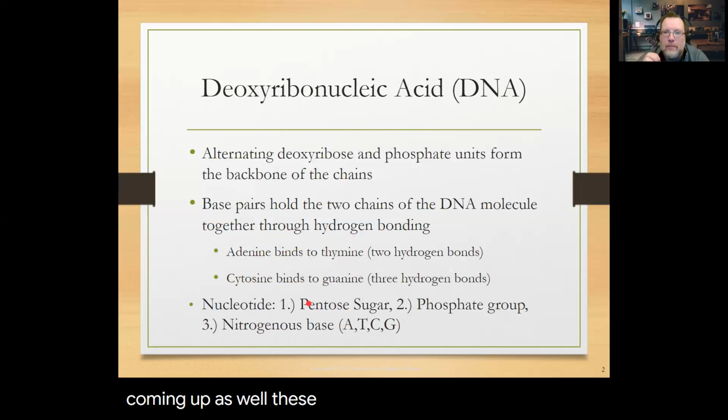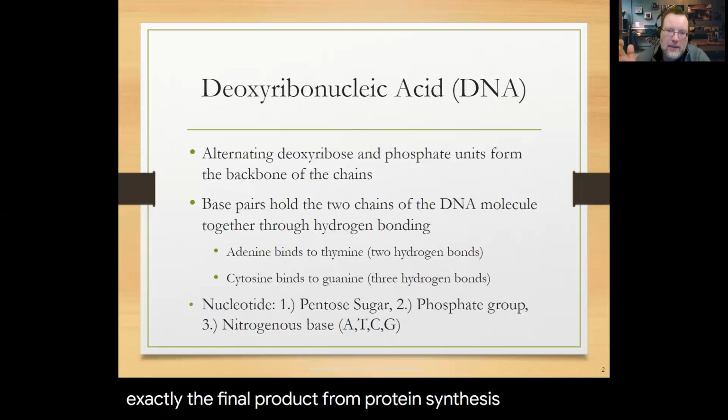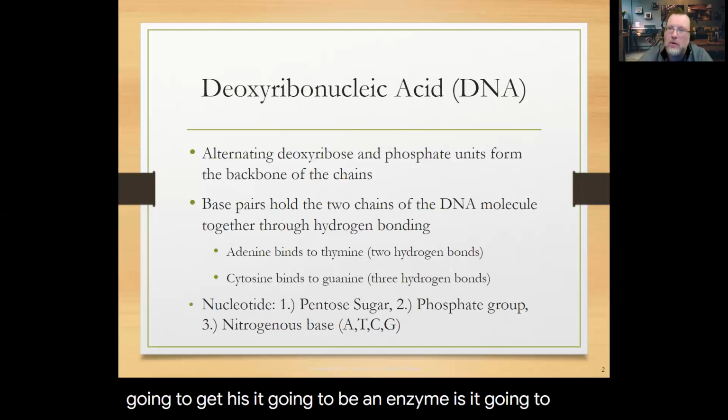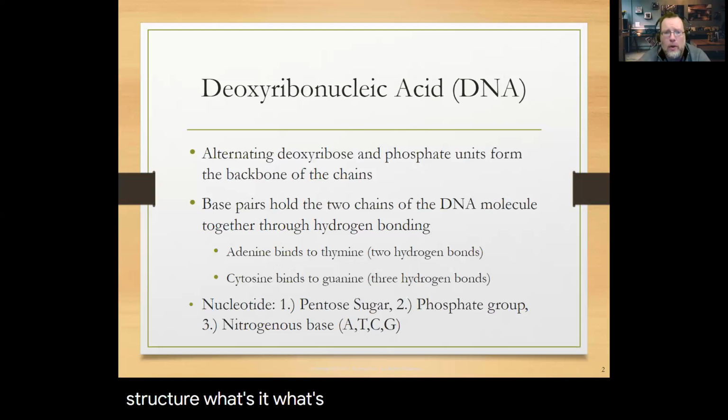So we'll see that coming up as well. These nucleotides are going to be organized in specific orders that are going to tell us what exactly the final product from protein synthesis that we're going to get. Is it going to be an enzyme? Is it going to be a structure? What's going on here?